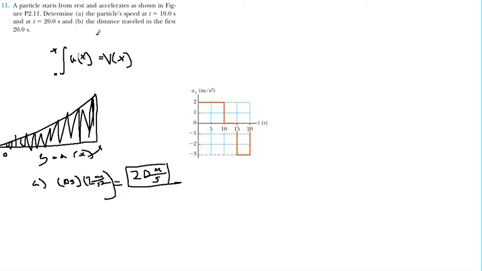So from 20 seconds, we have to add up the net area, meaning the positive area and, of course, the negative area. So that's going to be 20 plus negative 15. Therefore, that's going to be 5 meters per second at t equals 20 seconds.